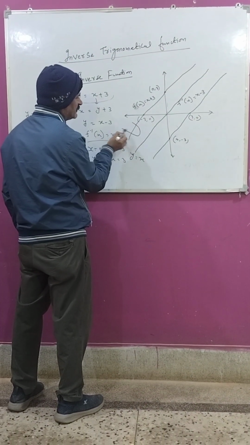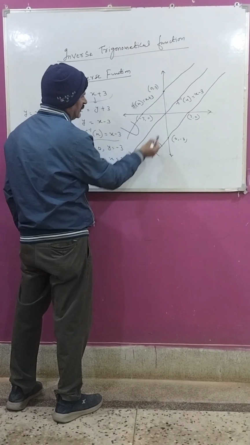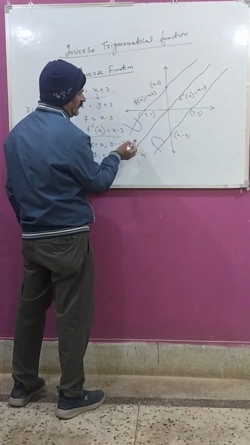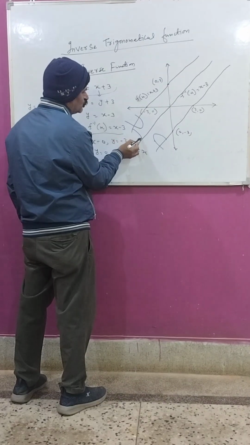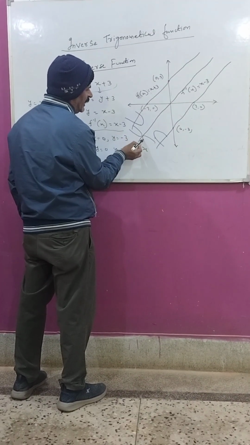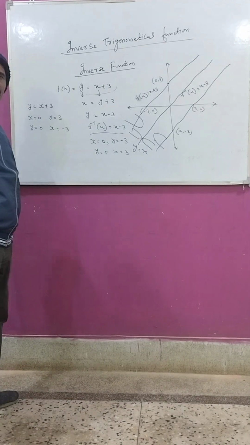If this is your f(x), f inverse x will be like this. This is symmetrical about this line. But these two graphs meet only at y equals x.